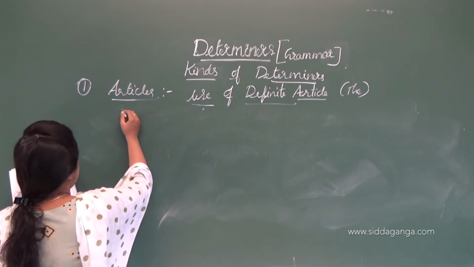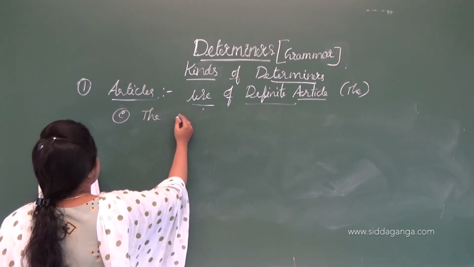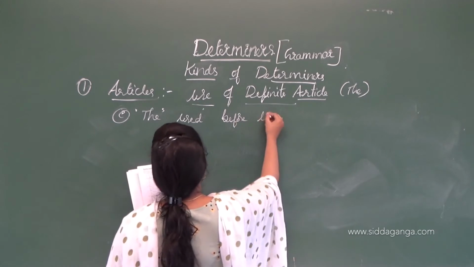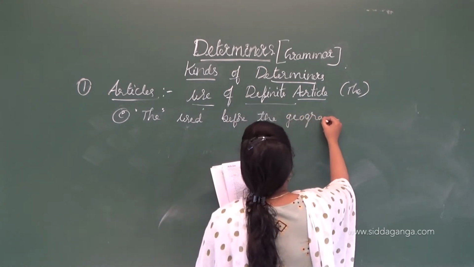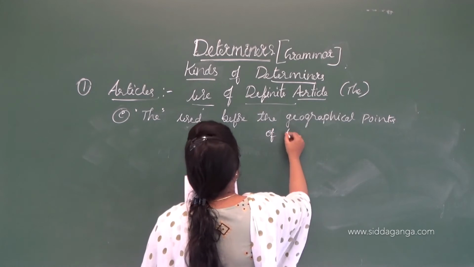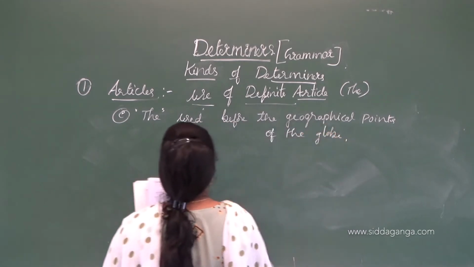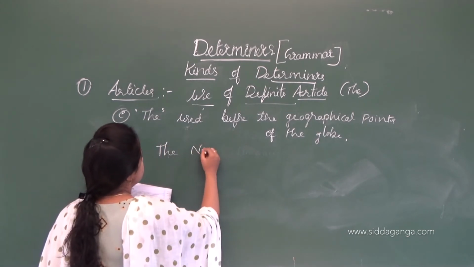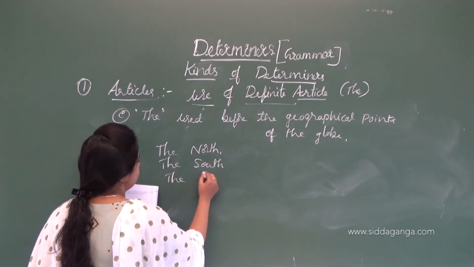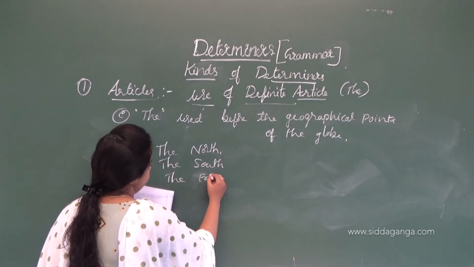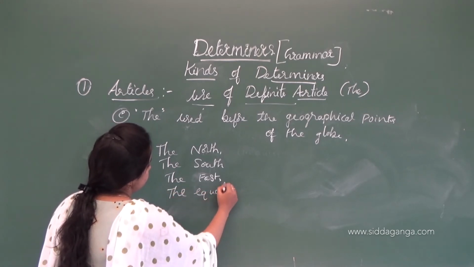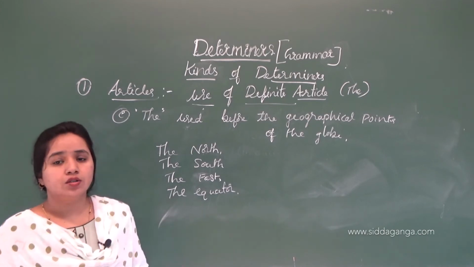The is used before the geographical points of the globe: the north, the south, the east, the west, the equator, the Tropic of Cancer, the Tropic of Capricorn.